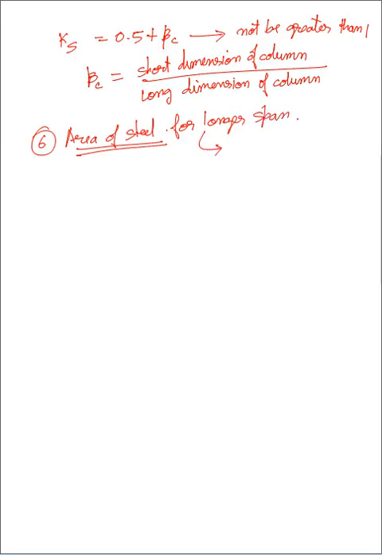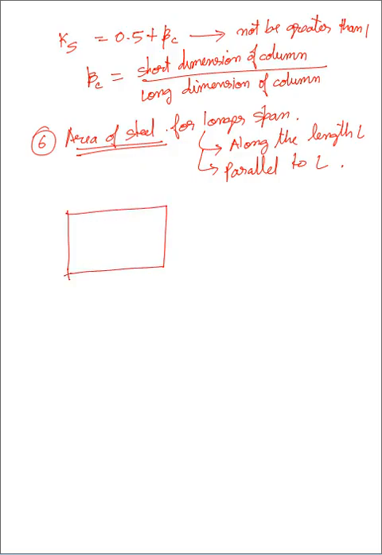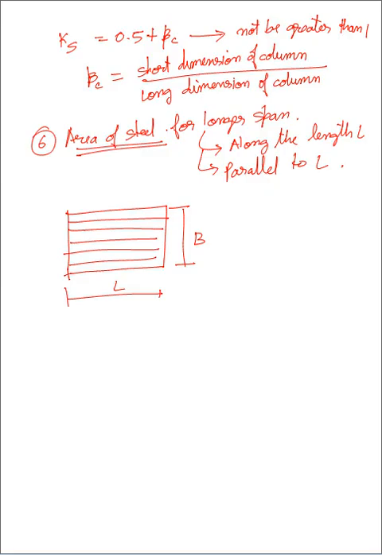Longer span means along the length L, or parallel to L. Let me draw the figure so you can understand. This is my L, this is my B. The steel I place in this direction is along the length, so it is parallel to the direction of L.